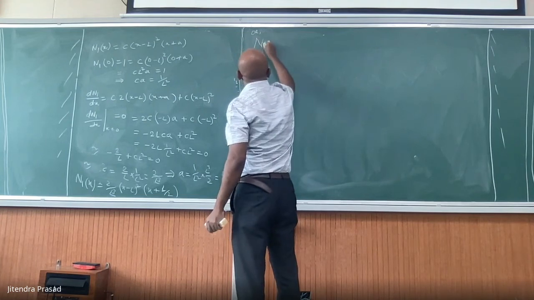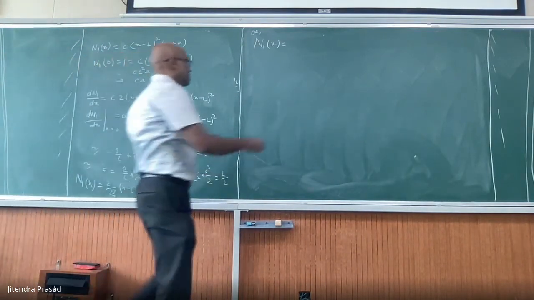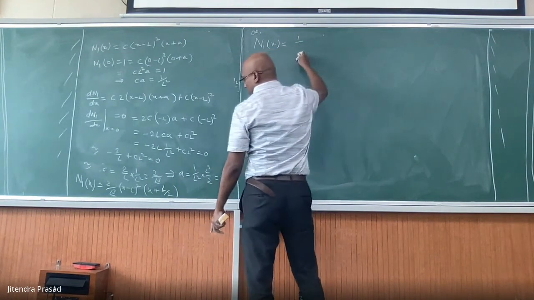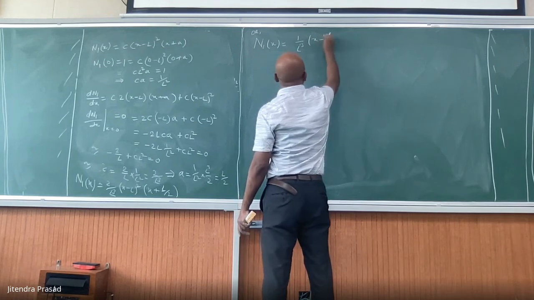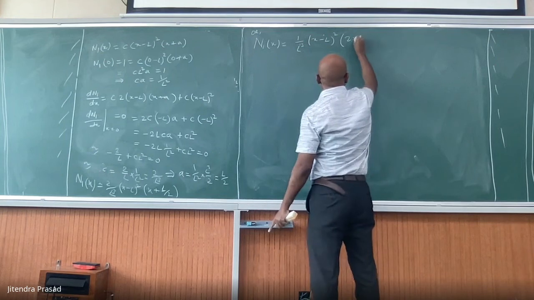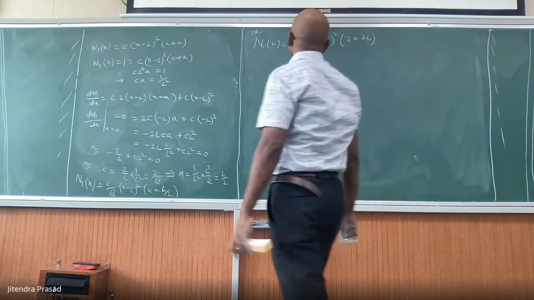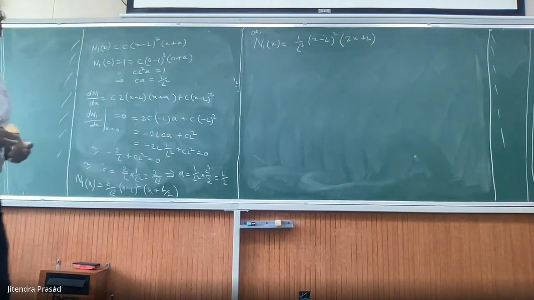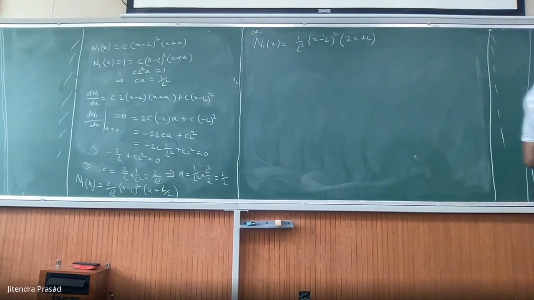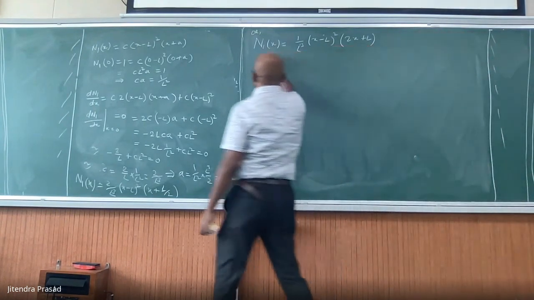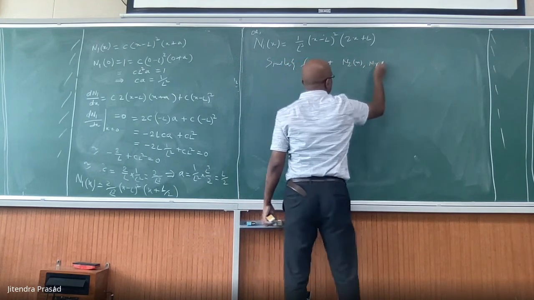Or N1(x) is equal to, we now multiply 2 here, so we get 1 over L cube, and you have (x minus L) square, and 2 multiplies here, so it becomes 2x, and then you have L, right? So this is how it looks like. Similarly, find out N2(x), N3(x), and N4(x).